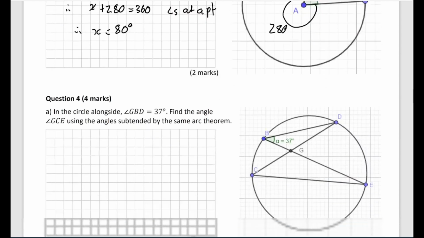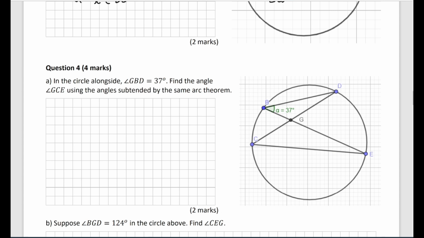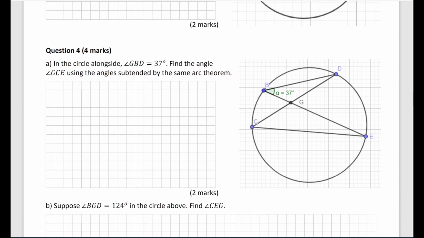All right, cool. In this one, we're going to find the angle GCE using angles subtended by the same arc. This is the angle we're looking for, and it's literally just the same. Angle GCE equals GBD by angles subtended by same arc, which equals 37 degrees.